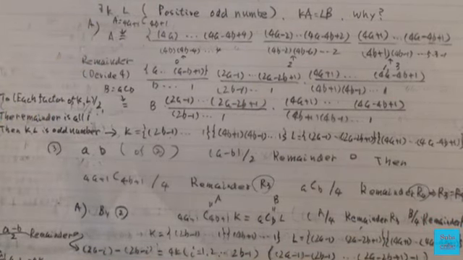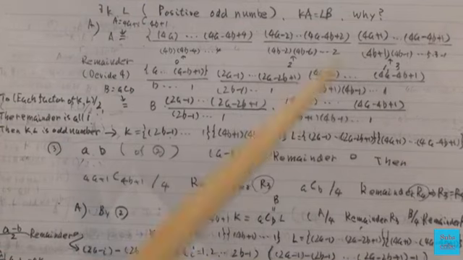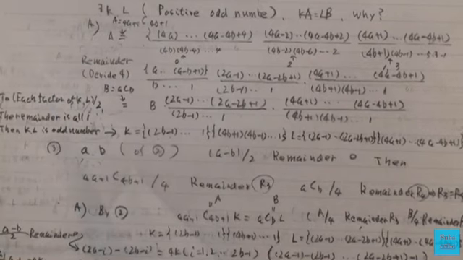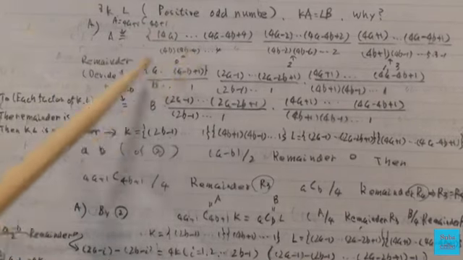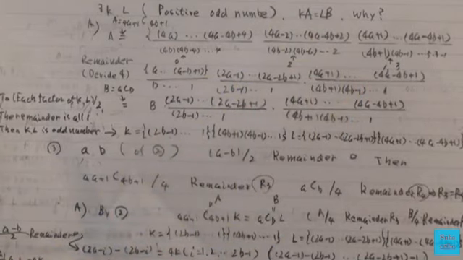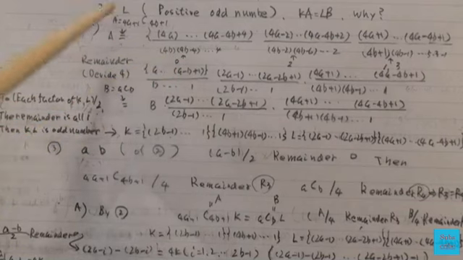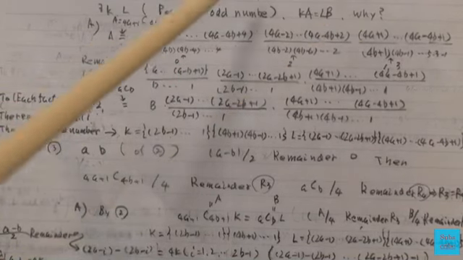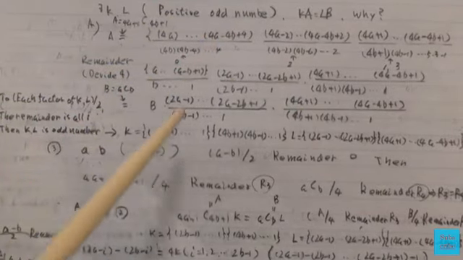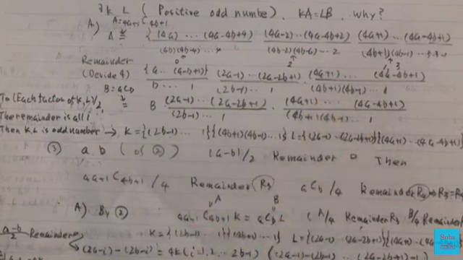Okay, and divide 4, divide 2, and this is A C B, A combination B.